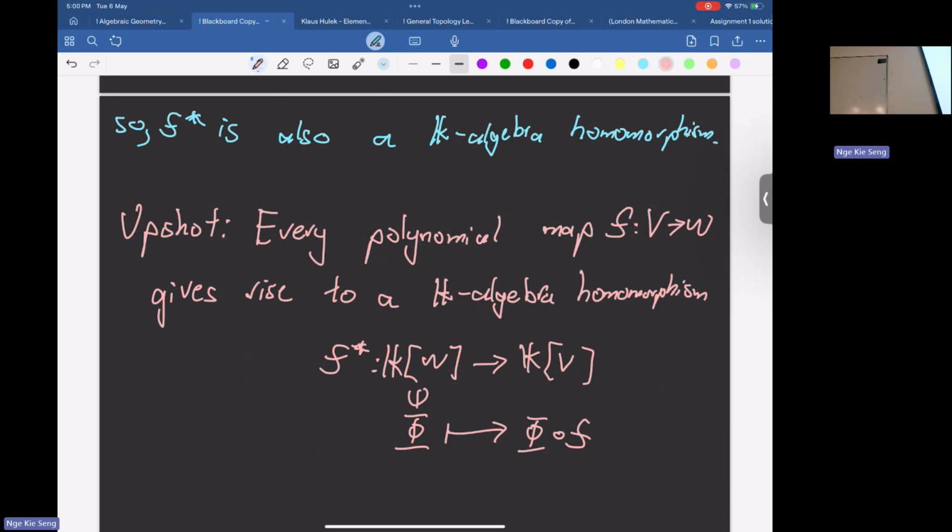If you have a map from V to W, on the coordinate ring it goes the other way, KW to KV, because you have this pullback. You pull the domain W back to V because your f starts from V. Any question so far?